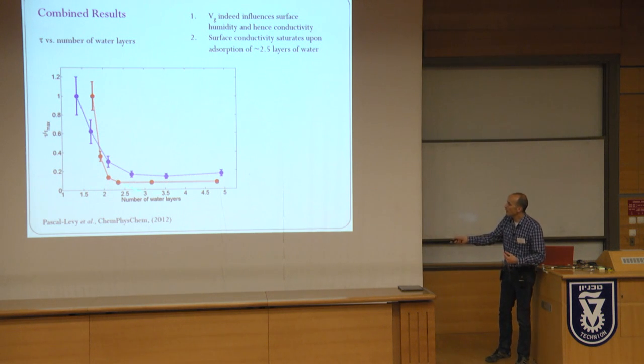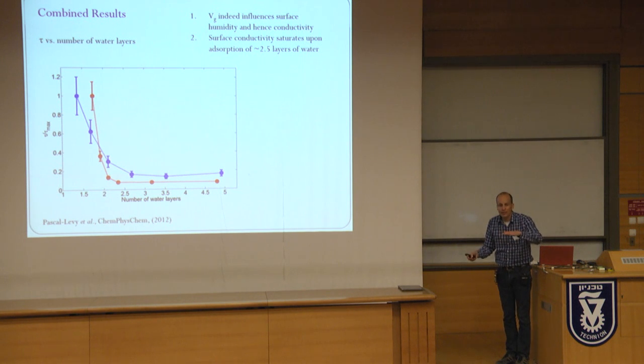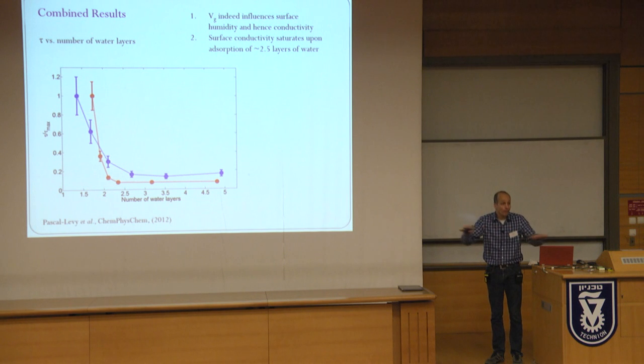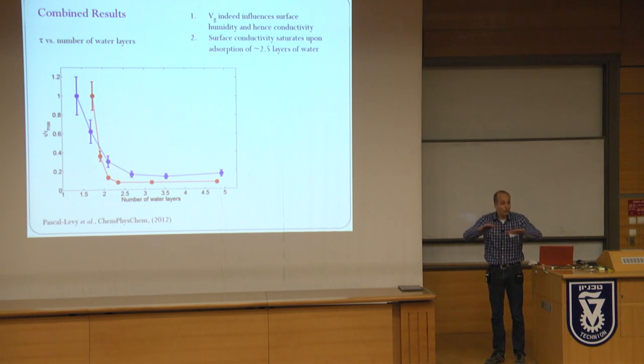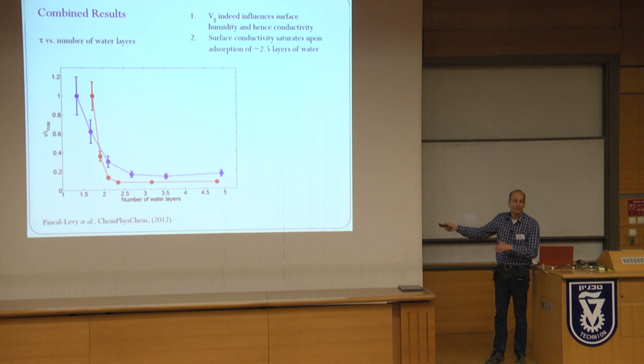And you can see that when the water layer is about 2 or 2.5 monolayers of water, there is saturation of this charge movement, but when the amount of layers is below 2.5, you start to see it's much harder for these ions to move, and this is why tau starts to increase.